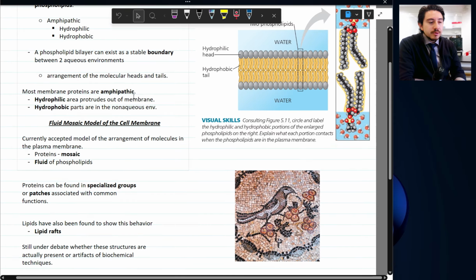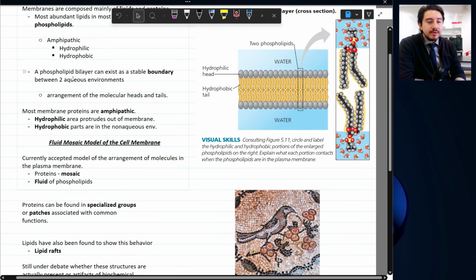Okay, so the hydrophobic area is referred to as a hydrophobic tail, or tails. Okay, and you have the hydrophilic heads. If you guys remember, we have that phosphate area, and you have the hydrophobic, basically the hydrocarbons, right? That sometimes they have kinks and whatnot. So you can see a molecular structure representation here.